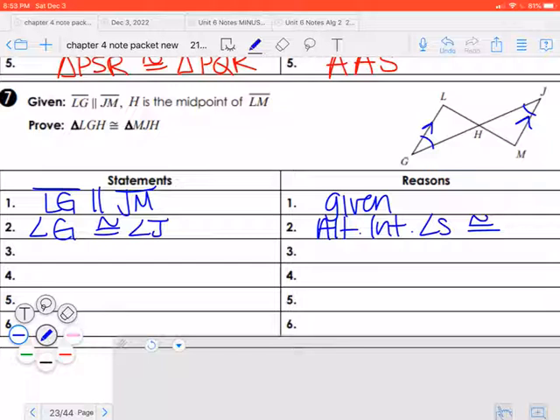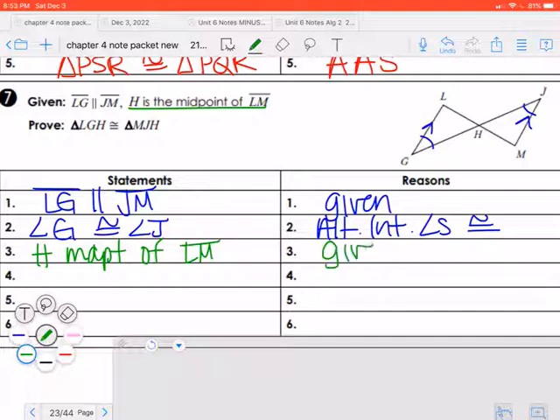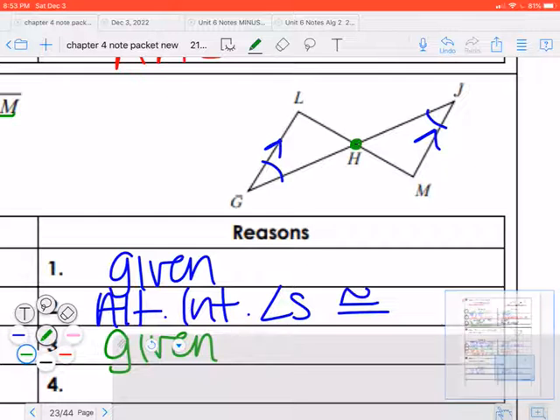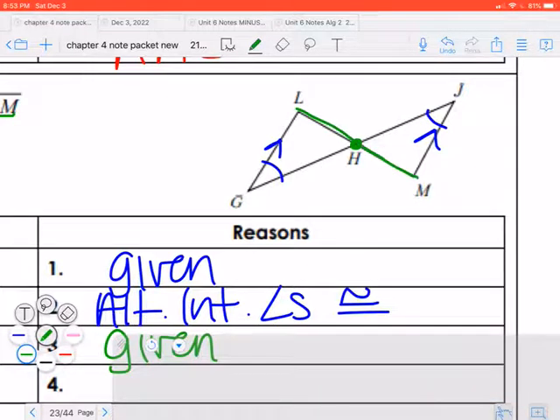All right, we've got one angle. I'm going to move on to the next given. H is the midpoint of LM. Given. And let's look at our diagram. H is the midpoint of LM. Do you remember what you're supposed to say next?